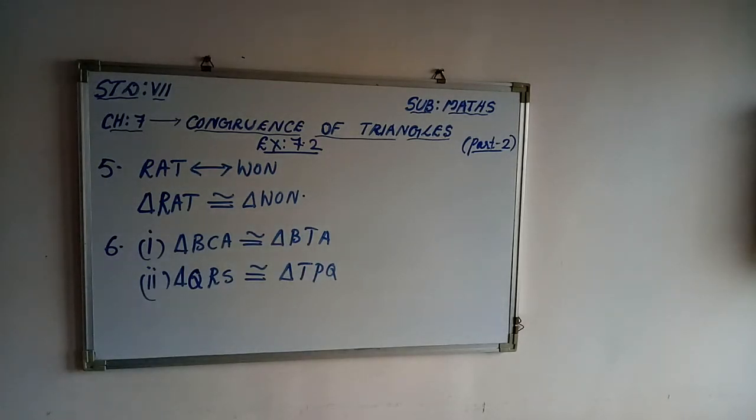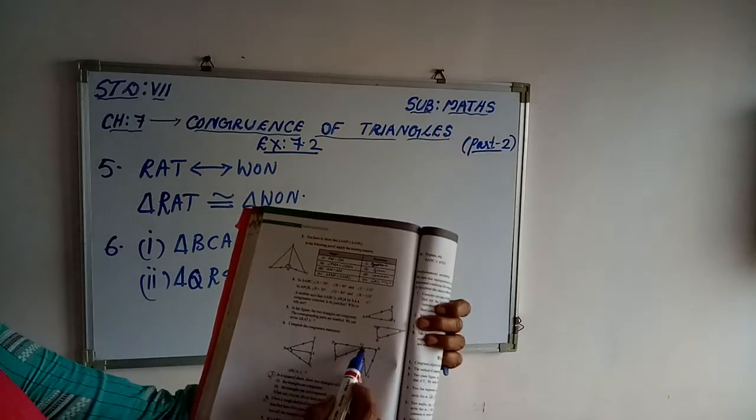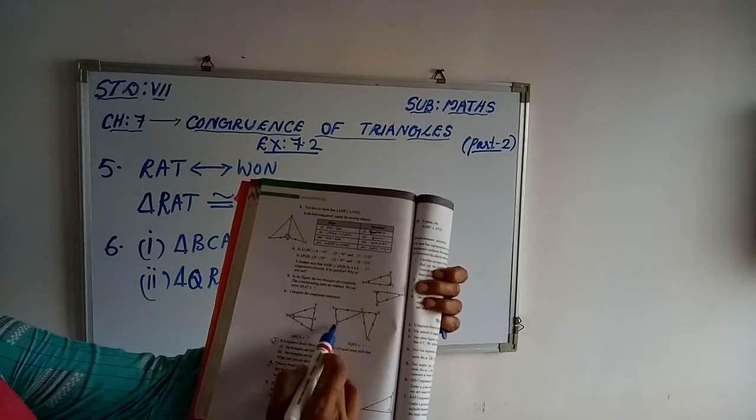Then the second one, the correspondence is QRS corresponds to TPQ. Here the equal sides, QR is equal to TP. See the marking there, one line. Here it is given, QR is equal to TP.